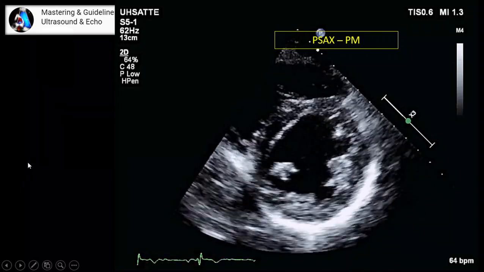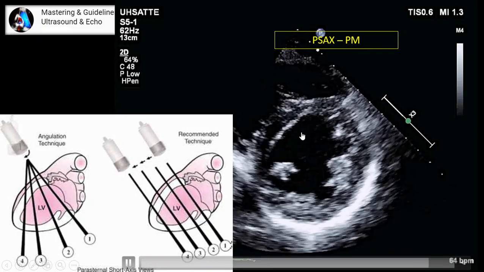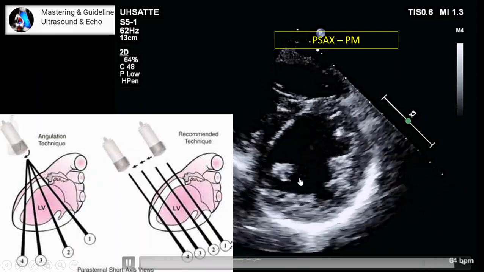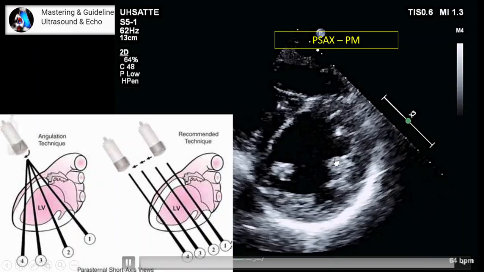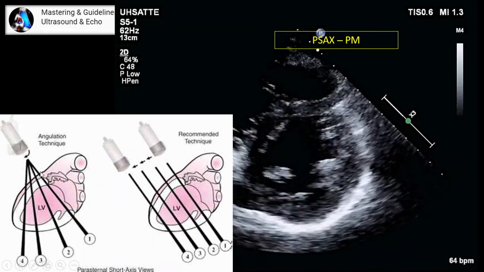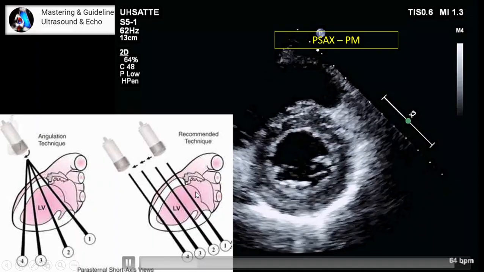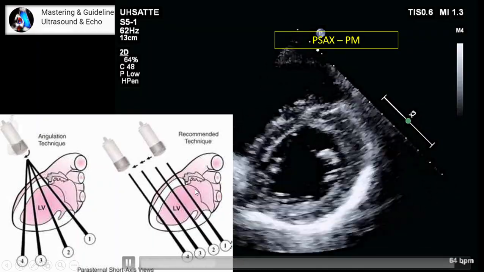There is one important technique for getting the correct PSAX on the left ventricle at the level of the papillary muscle. We have two techniques, sliding and angling. The correct way depends on when the heart is almost vertical.